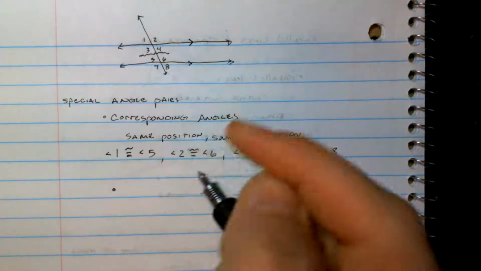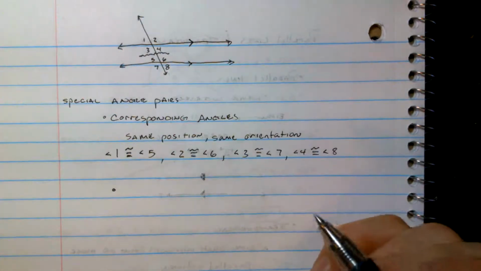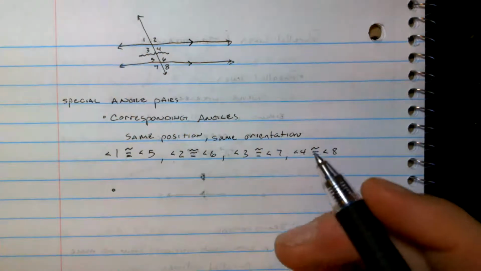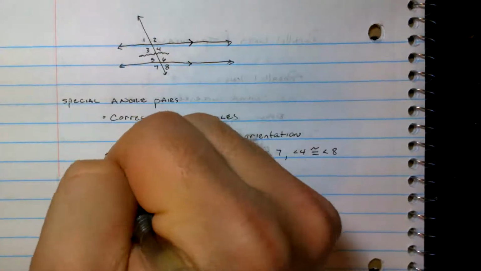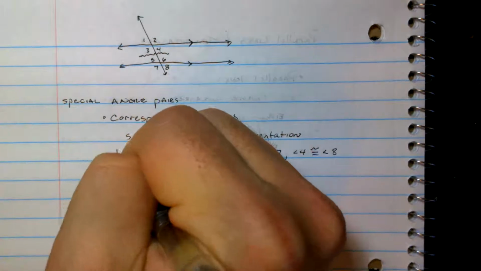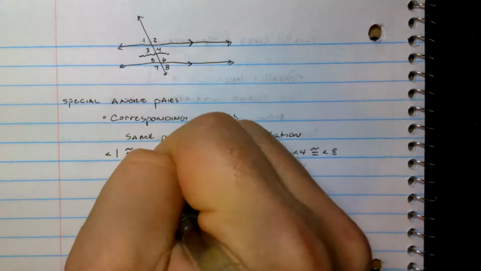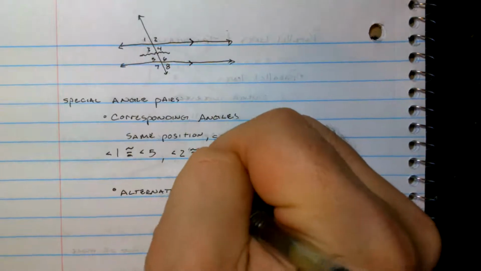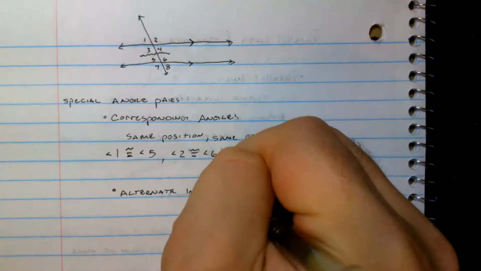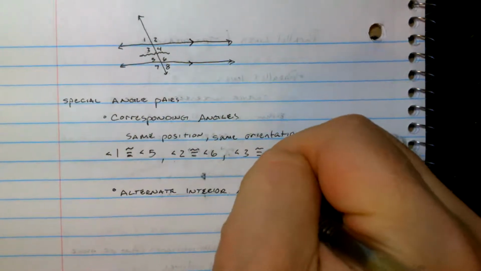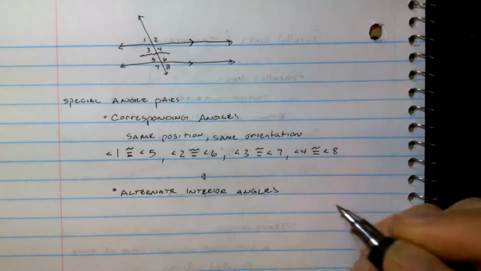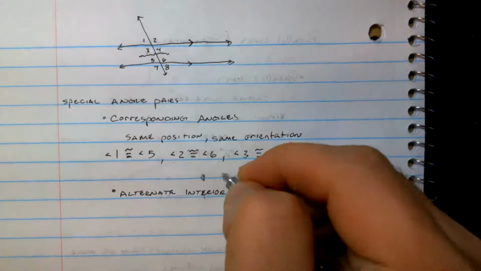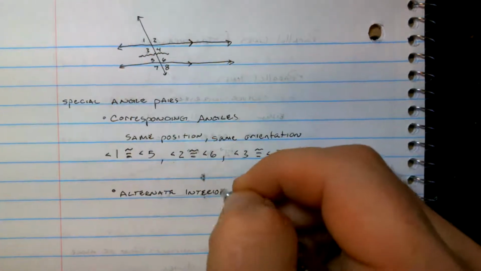Okay, so our next relationship is where we get a little fun, at least with the naming, and that is alternate interior angles. All right. So just as the name implies, these are angles on the inside.